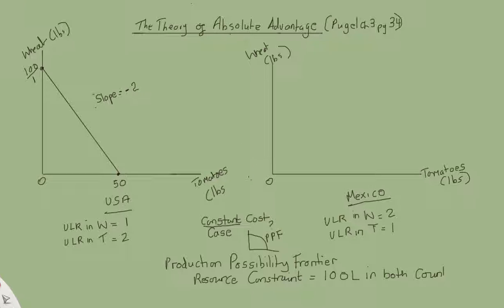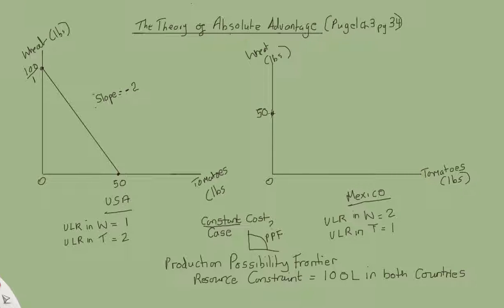And then we go over to Mexico and see what they can do with their 100 units of labor. I forgot to say countries here, finish that off. So if Mexico put 100 units of labor into the wheat industry, given that the unit labor requirement in wheat in Mexico is 2, then the most wheat that they could produce would be 50 pounds of wheat.